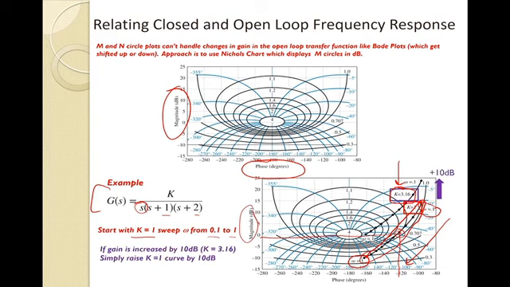And so what is that gain increase? From 1 to 3.16, that is a 10 dB increase. So let me write that down. In terms of the gain in dB, it's 20 log base 10 of the gain.